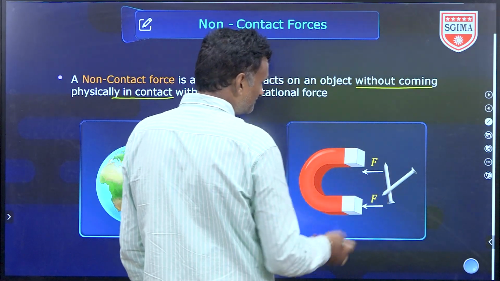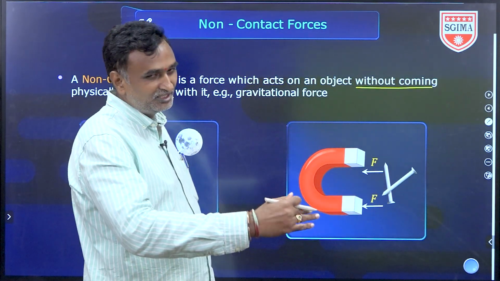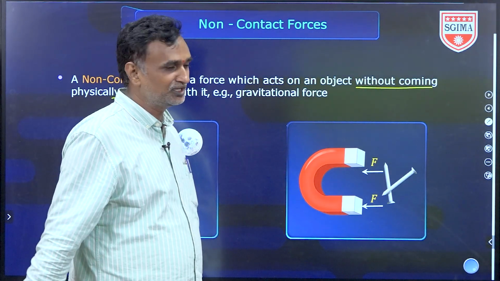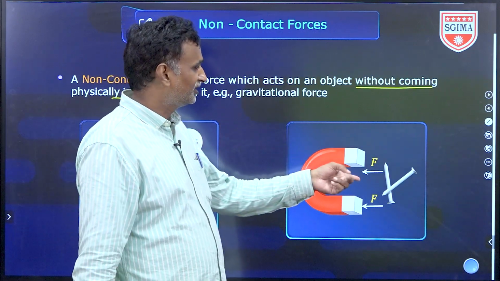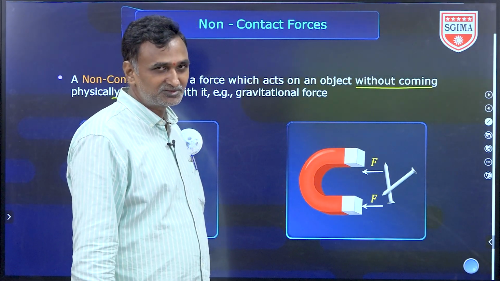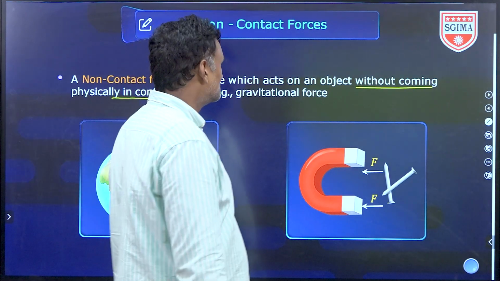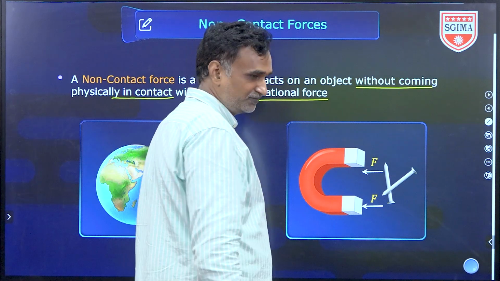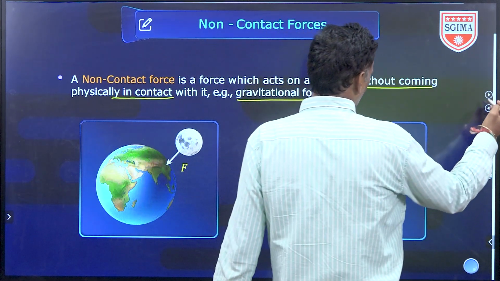There is no need to make contact initially; they will influence it, and after pulling they attract. Such forces are called forces at a distance, or non-contact forces. The examples given are gravitational, magnetic and electrostatic forces. Okay, next.